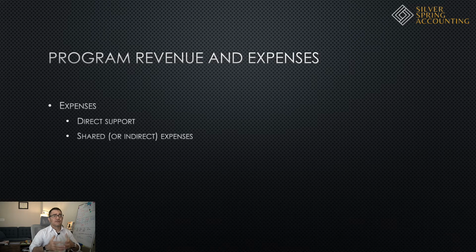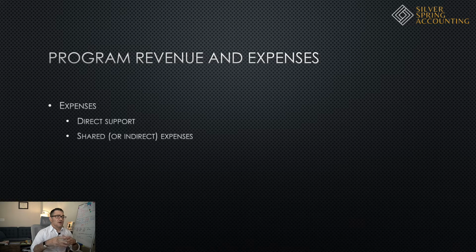So expenses, like I mentioned, it's mission driven when you're talking about programs. So these expenses are going to be program expenses, which directly support the programs. This may include individuals that spend time directly working on and towards the accomplishment of the program services, or the cost of goods to provide these services.